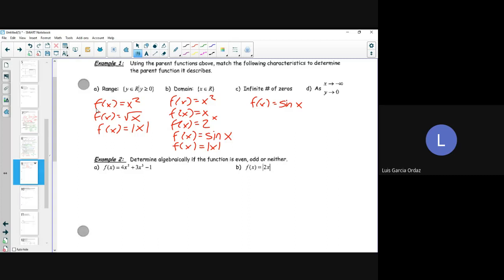Reciprocal. And there's one more, it's in question B. Exponential.